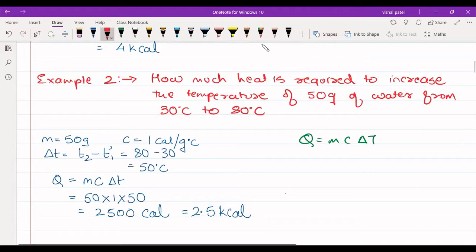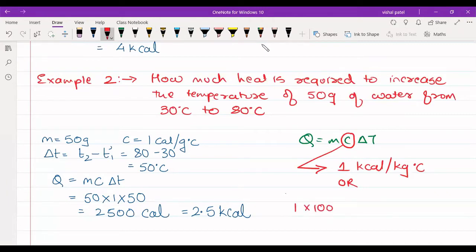Now always remember one thing, students, C is nothing but specific heat. The specific heat of water, I'm talking about only water, is 1 kilocalorie per kg degree Celsius. Now see this, students, if I convert 1 kilocalorie to calorie, what will I get? 1000 calories. Per, means what? Upon. If I convert kg to grams, I get 1000 grams degree Celsius.